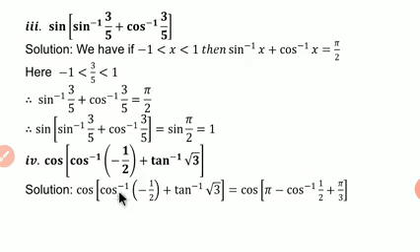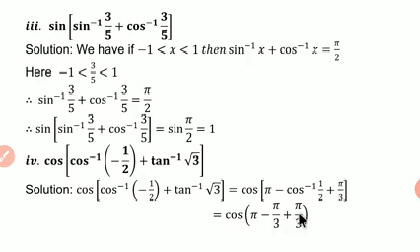Solution. Cos of cos inverse minus 1 by 2 plus tan inverse root 3 is equal to cos of pi minus cos inverse 1 by 2 plus tan inverse root 3, which is pi by 3. We use the result cos inverse of minus x is equal to pi minus cos inverse x in the first term of the bracket. Now it is equal to cos of pi minus pi by 3 plus pi by 3.